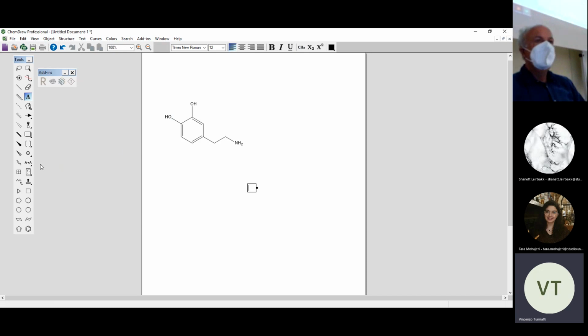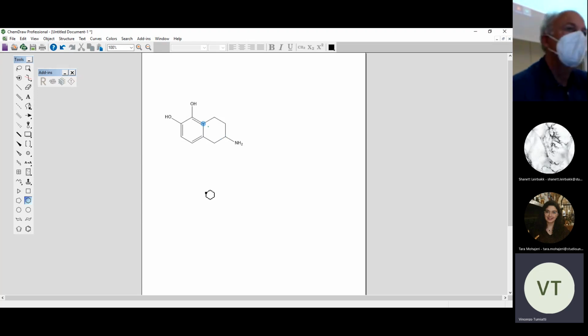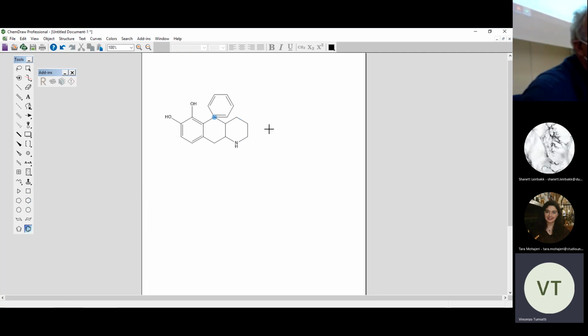And then we can close the first ring here. See? We can add the second ring here. And then we can insert the third, an aromatic ring. So in this way, I think it's easier, if you want, to remember the chemical structure of this complex molecule, this complex class.